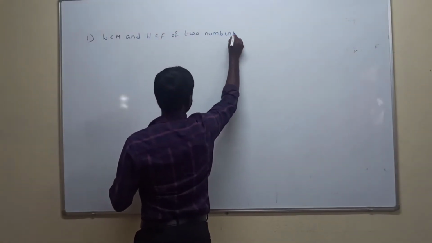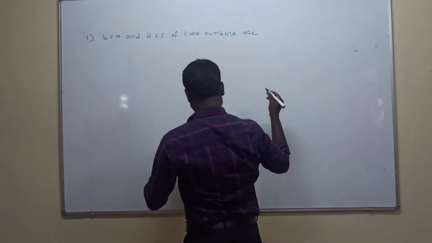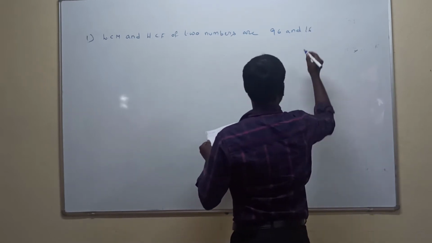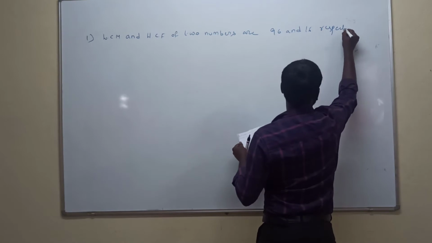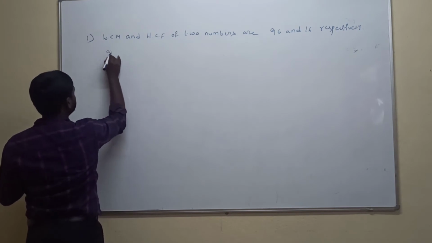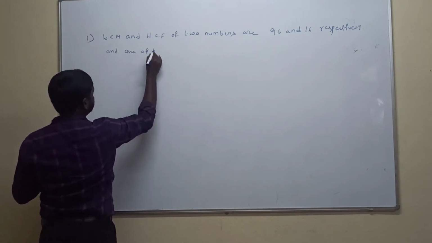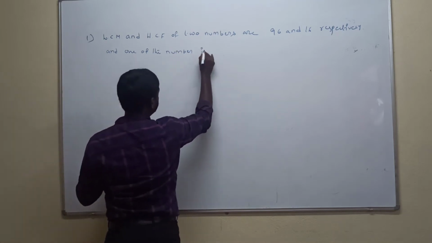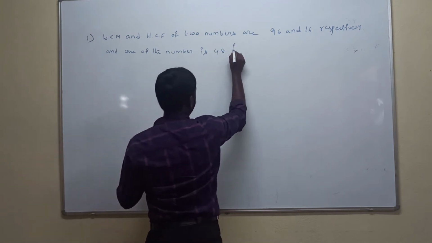The LCM and HCF of two numbers are 96 and 16 respectively, and one of the numbers is 48. Find the other number.